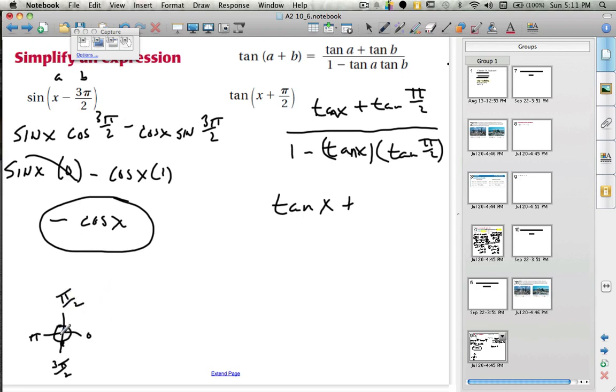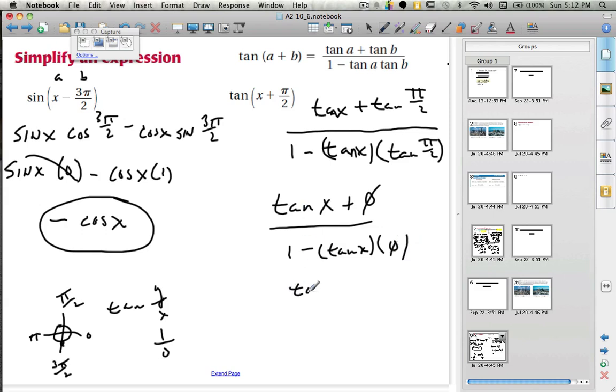In this case, my tangent is y over x. So y would be 1, x would be 0, so that becomes undefined. And I can't add that in. Over 1 minus tangent of x times, again, undefined.